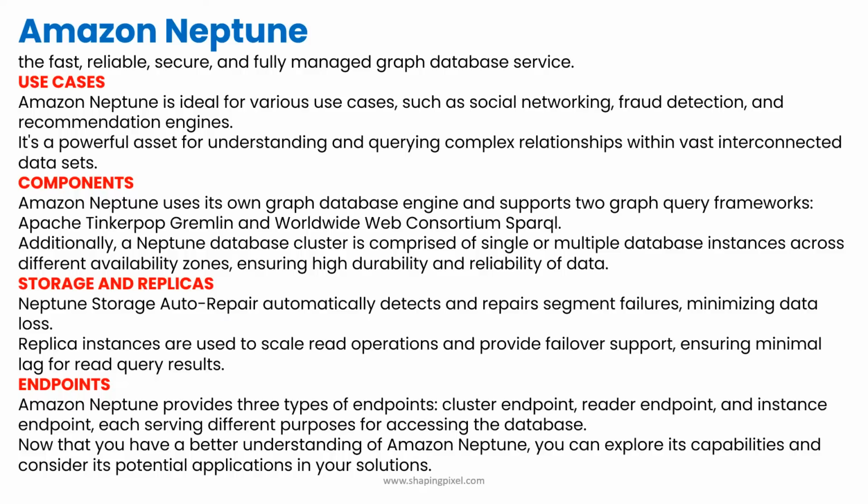Replica instances are used to scale read operations and provide failover support, ensuring minimal lag for read query results. Amazon Neptune provides three types of endpoints: cluster endpoint, reader endpoint, and instance endpoint, each serving a different purpose for accessing the database. Now that you have a better understanding of Amazon Neptune, you can explore its capabilities and consider its potential applications in your solutions.